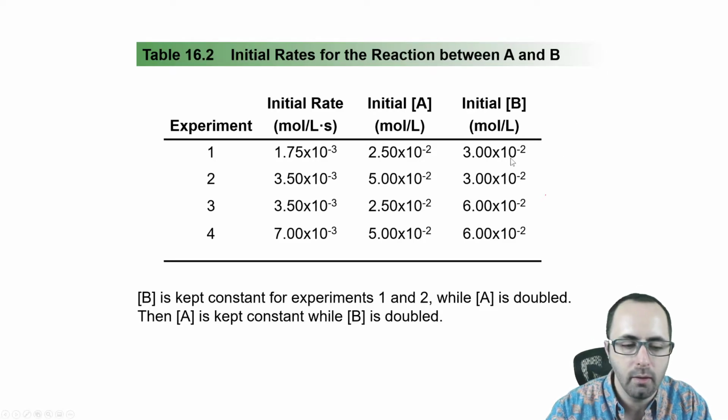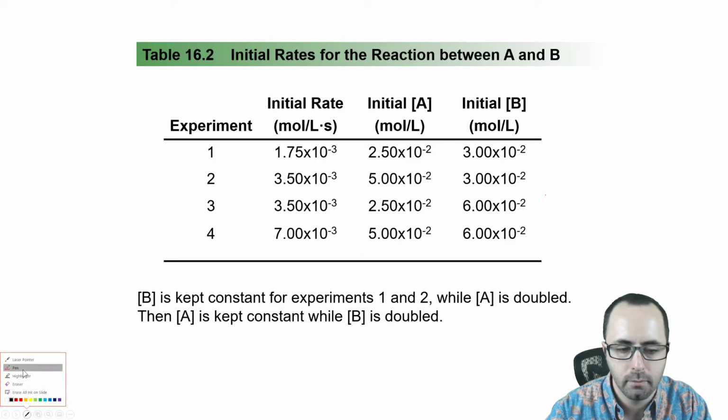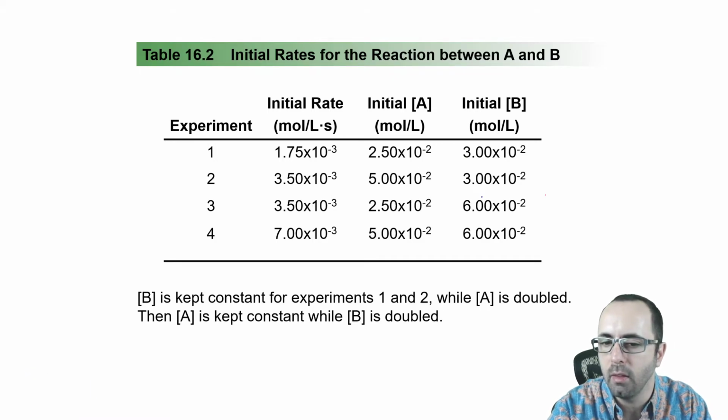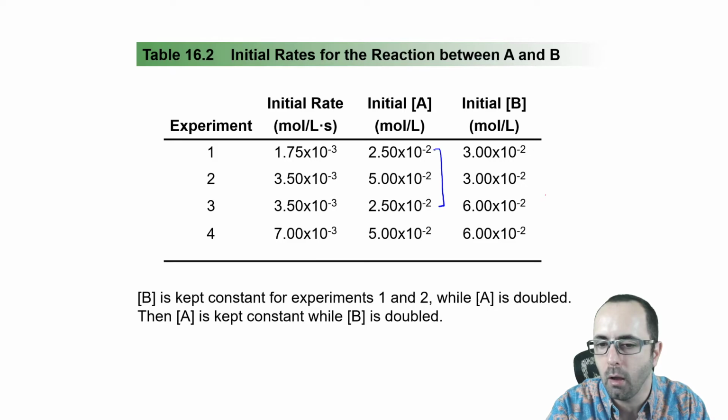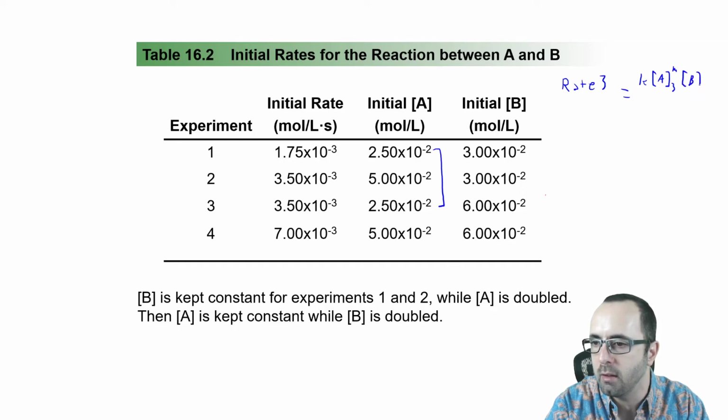The concentrations are kept constant between experiments 1 and 3 for reactant A. We can figure out the order for reactant B if we compare the rate of experiment 3, and that equals k times the concentration of A in experiment 3 to the m power, which we now know is 1, but we don't really need to know it, times B in experiment 3 to the n power, over the rate in experiment 1.